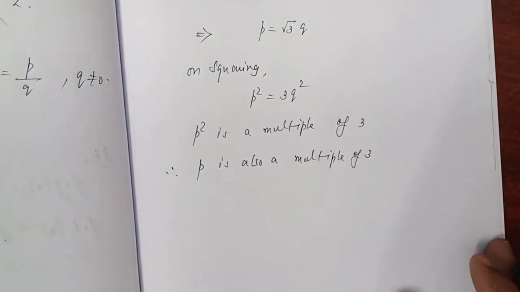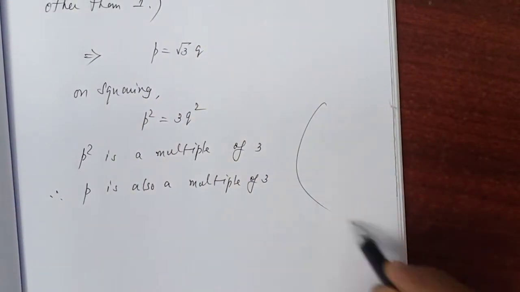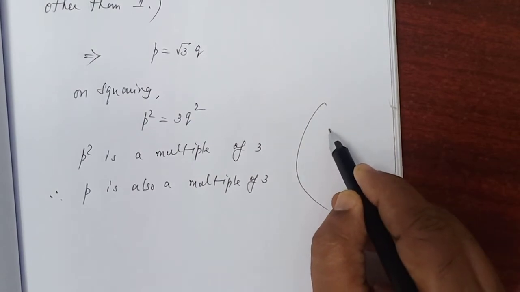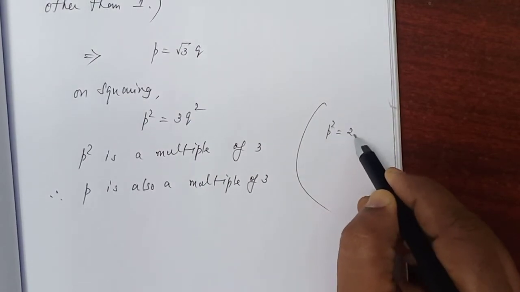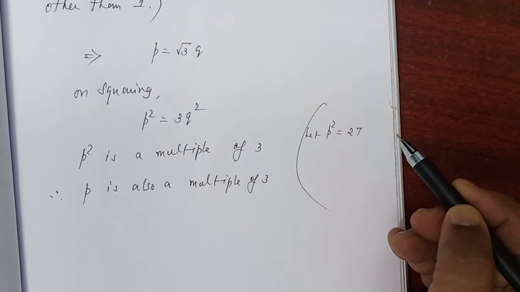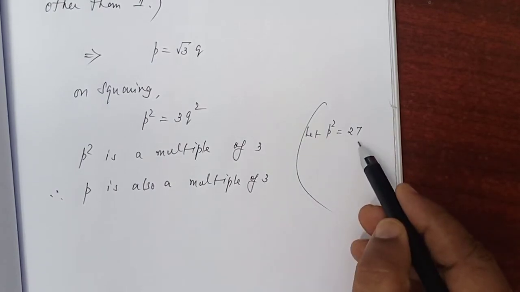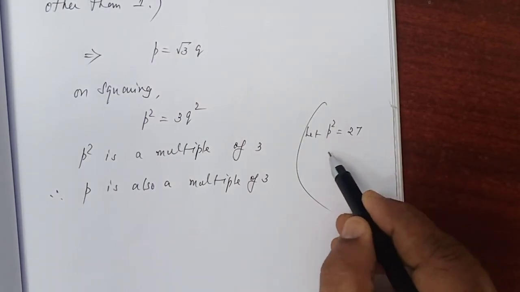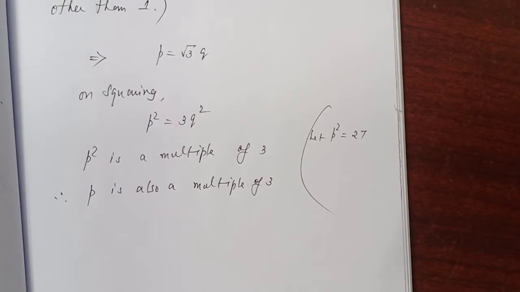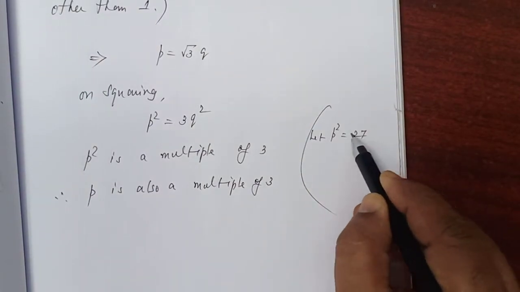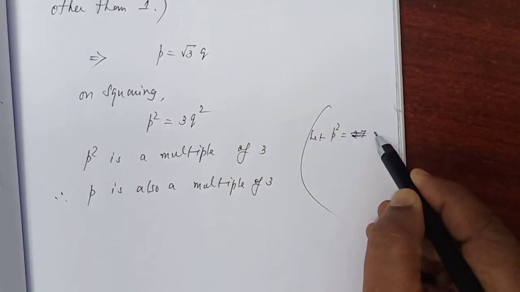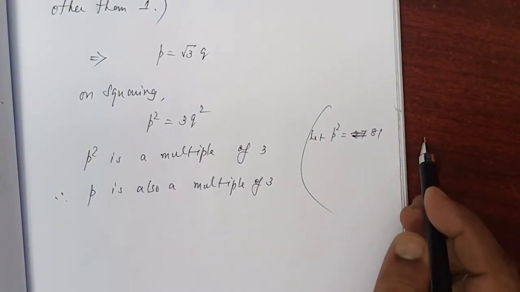For your reference, I give an example, so you can understand. I take P squared equal to 27. Rather, I take a perfect square number, P squared equal to 81. It will be easy for you.